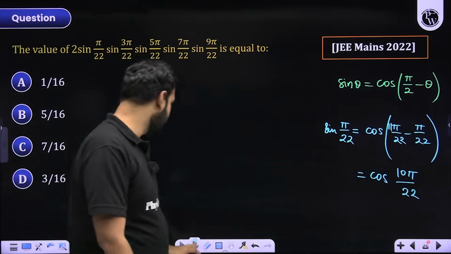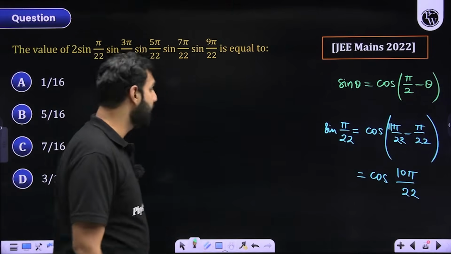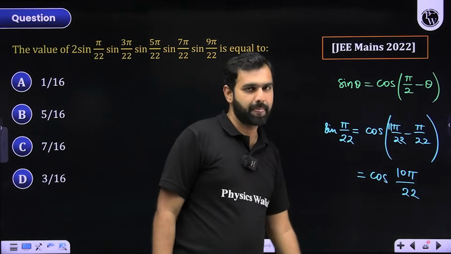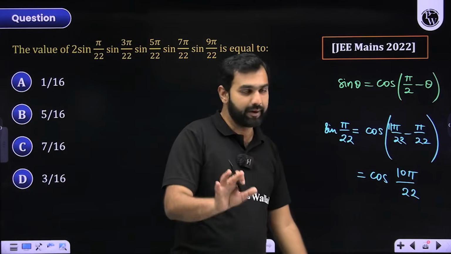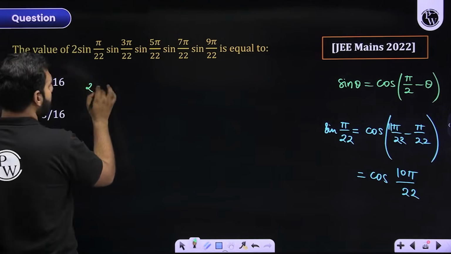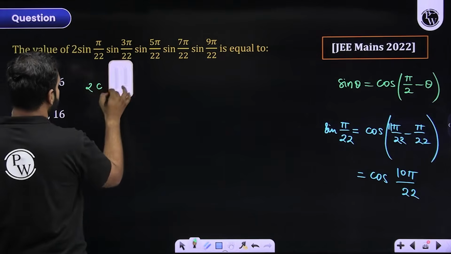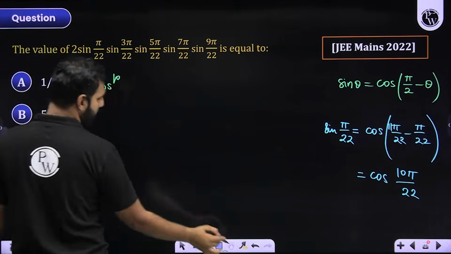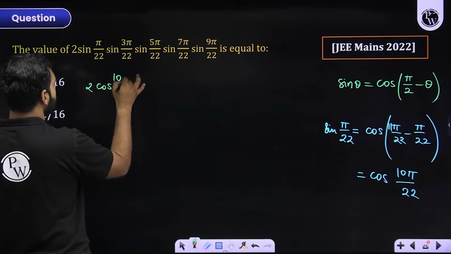I'm keeping it 10 pi by 22 deliberately, because I am seeing a reason: it is getting doubled. So this sine pi by 22, with the 2, I'm writing as 2 cos 10 pi by 22. I hope there is no confusion on that.